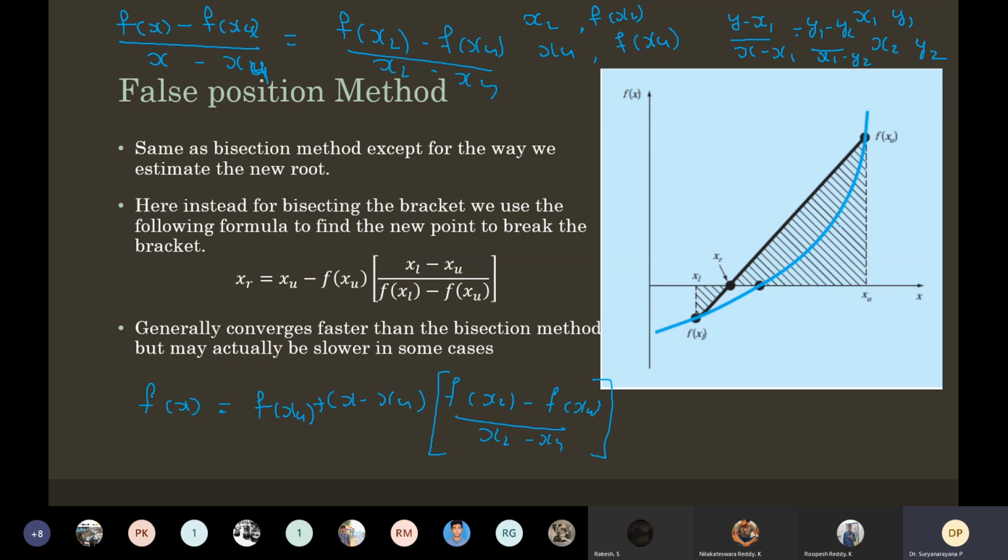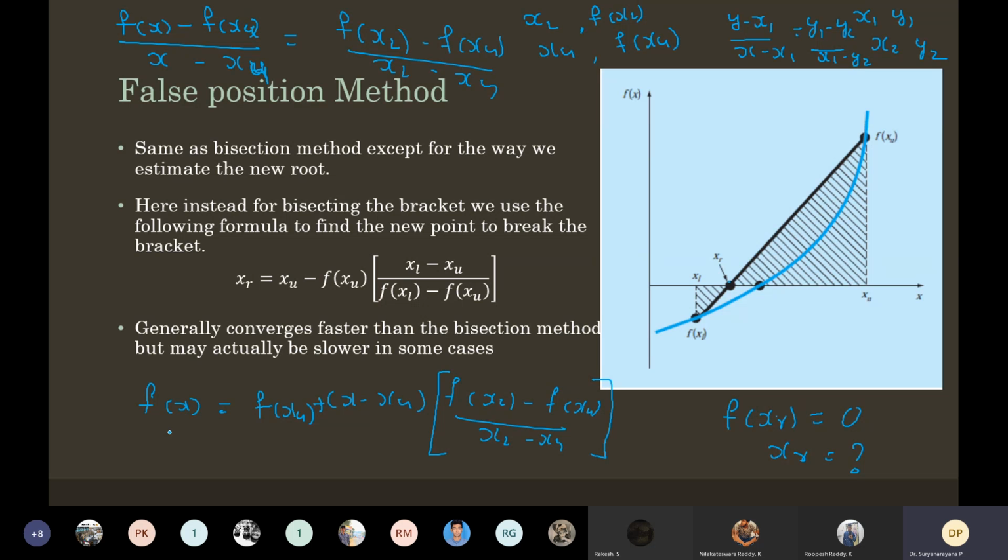Now for this straight line, you want to find the x, that is xr, the point x star that you want to find out, where fx is 0.